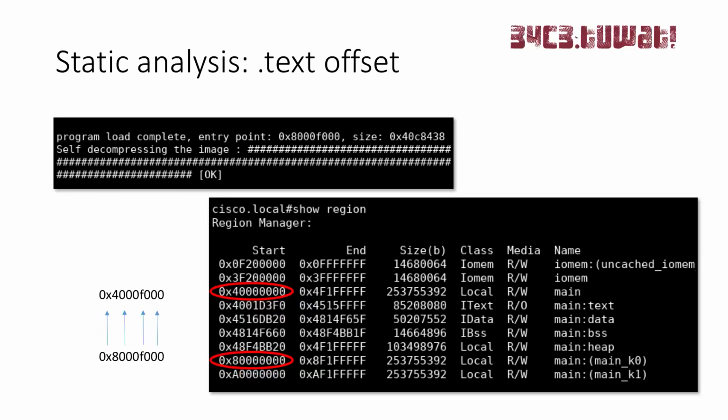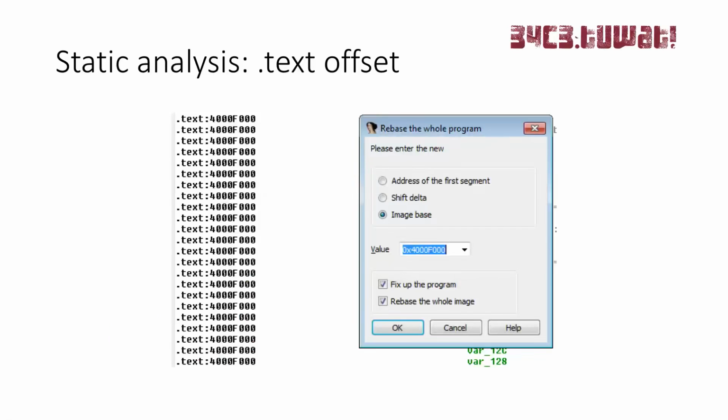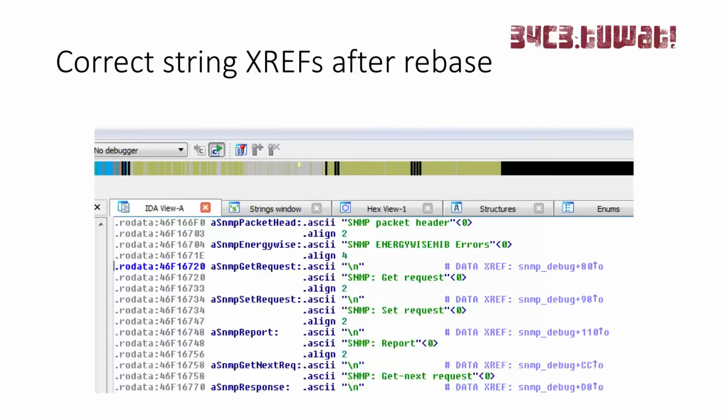This is important because to have correct cross references in IDA Pro, you have to rebase your program to 4. After that, you will have all correct string cross references. You'll have all the necessary strings, and your static analysis setup will be complete.